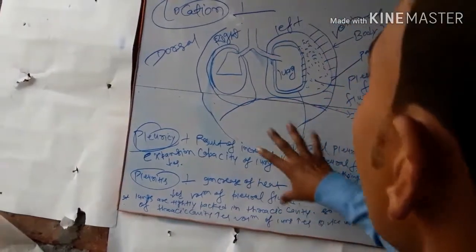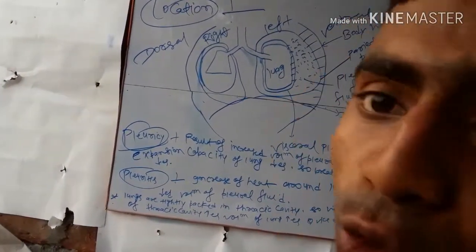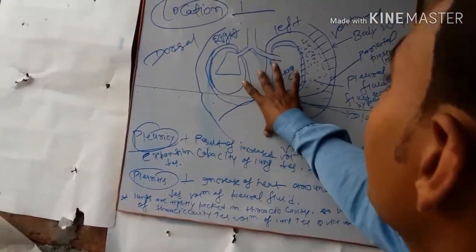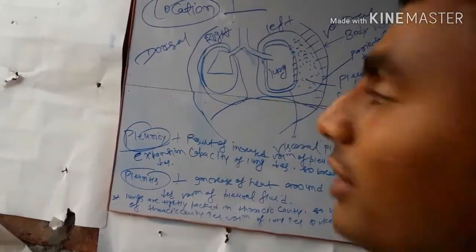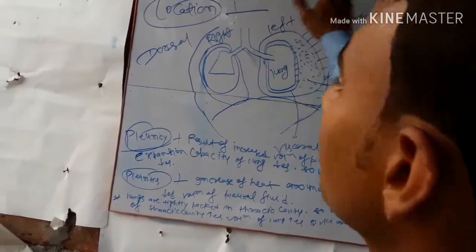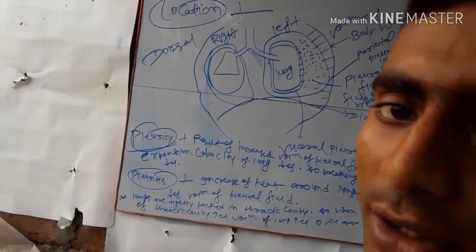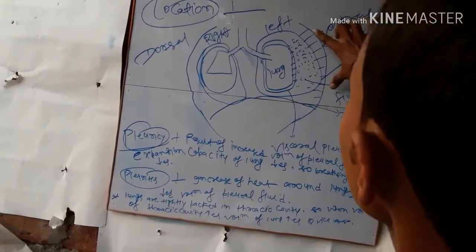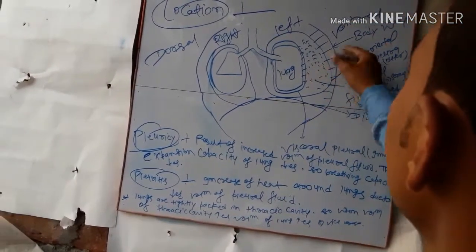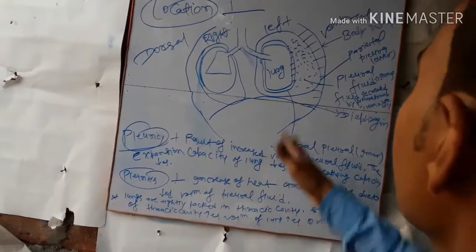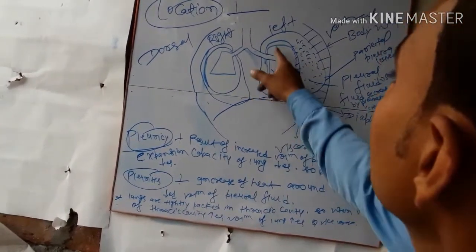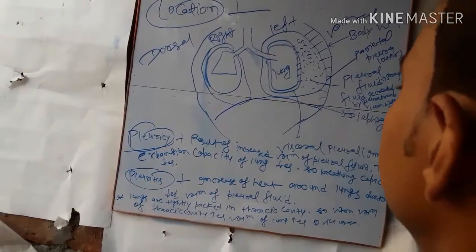This is the left lung and this is the right lung, this is the ventral part and this is the dorsal part. This is the outside, the body wall, and this is the cover of the lungs.